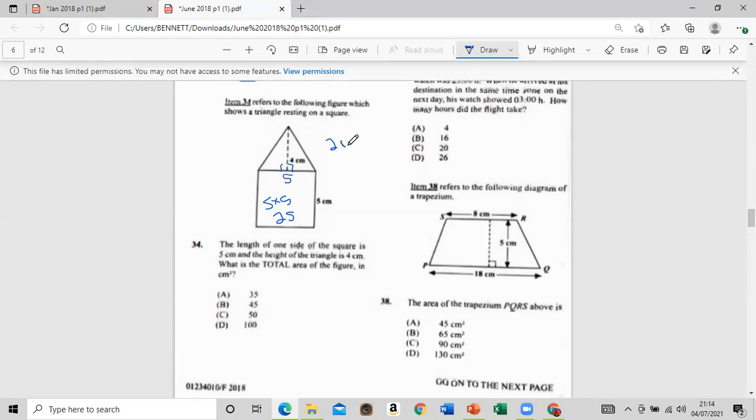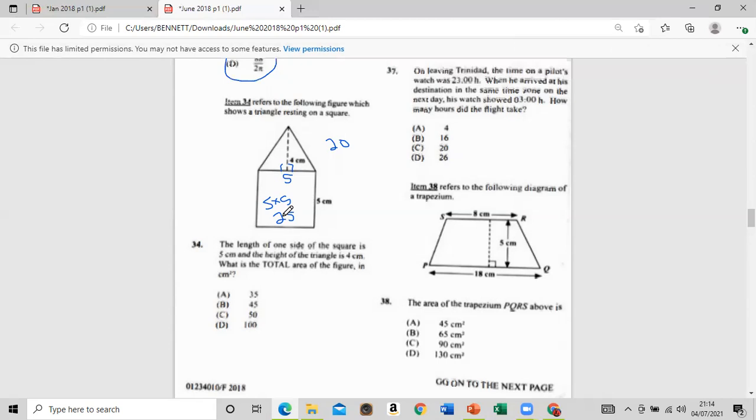You know, people are going to say half the base times the height, right? Even with half the base times the height, I would get 10. And 10 added to 25 gives 35.